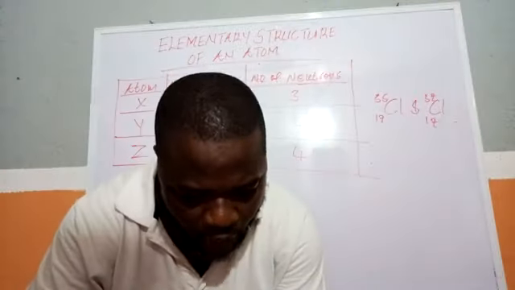Then number 2, you might go to there. How are protons, neutrons and electrons distributed in the atom of an element with atomic number 3 and mass number 7? Do you understand the question?